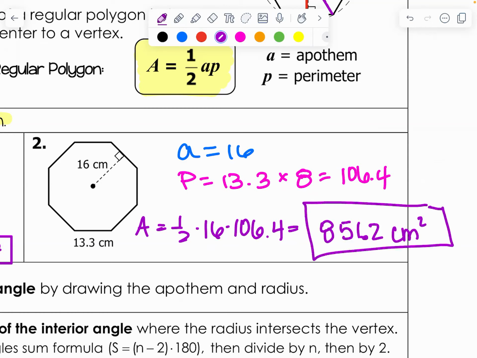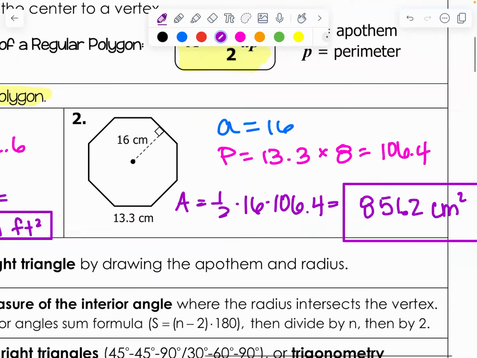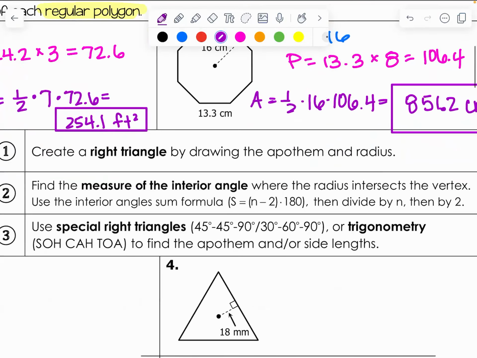Okay, good. Now, how often do you think I'm going to give you the side length and the apothem? Not very often. So our main goal today is to work through problems where we have to do a little bit of, maybe, trigonometry to find either the apothem or the side length. Here are some things to keep in mind. You might have to draw a right triangle with the apothem and the radius.